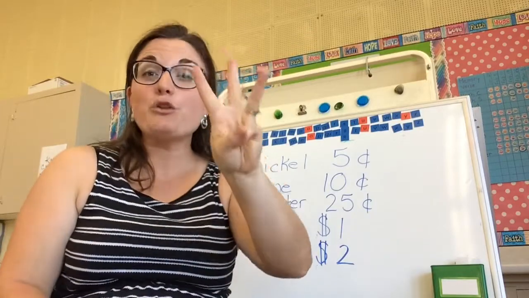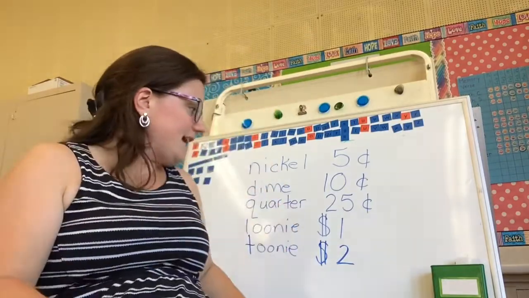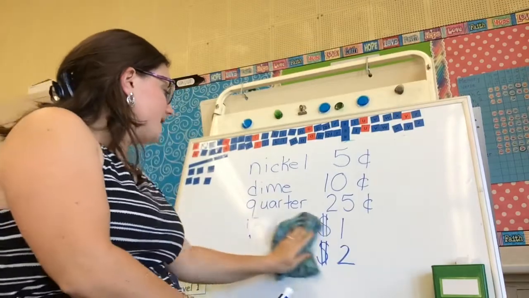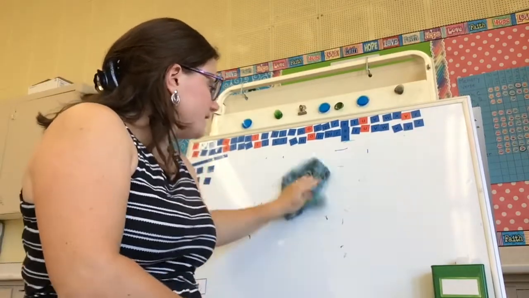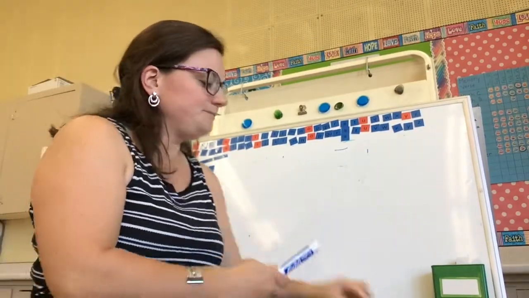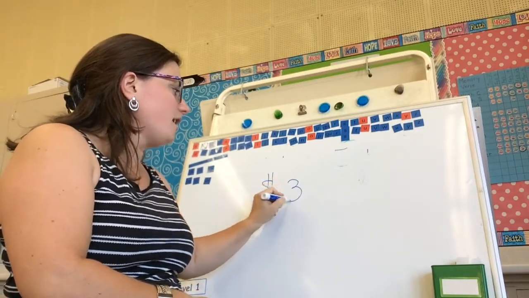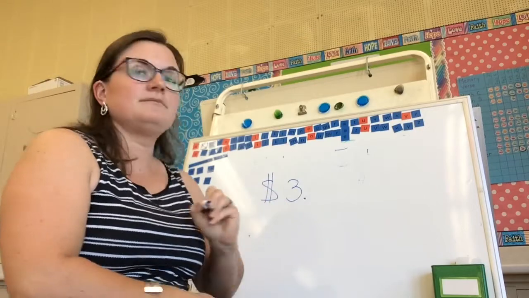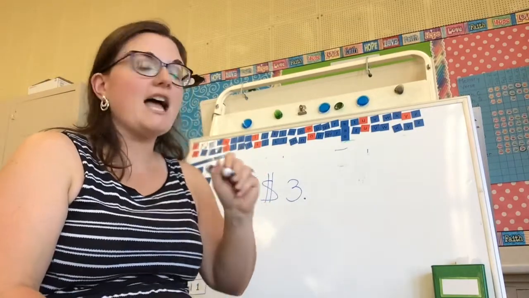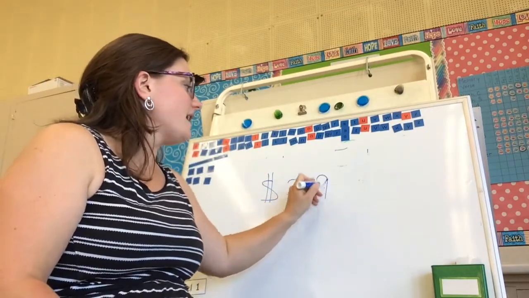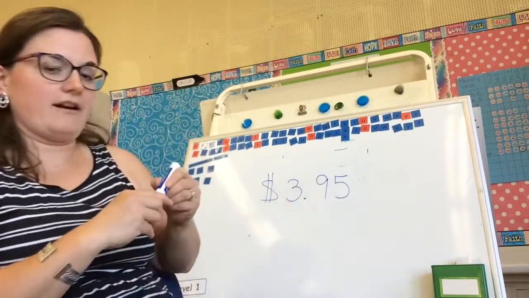So I have $3.95. And let me write that down here. So I write my dollars first. So my dollar sign is an S with 2 lines. I have $3. Then I put a little decimal, and I have 95 cents. So I write 95 there.